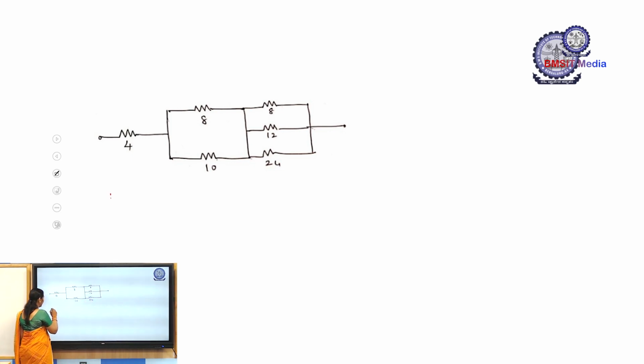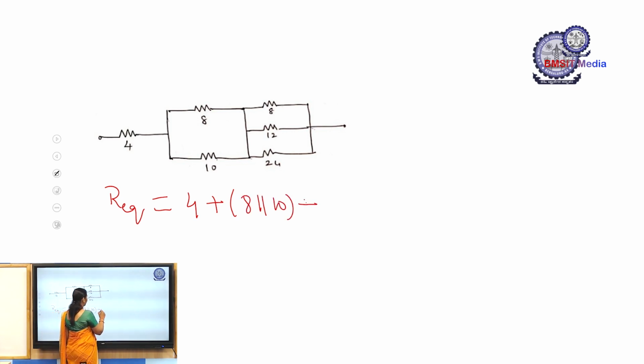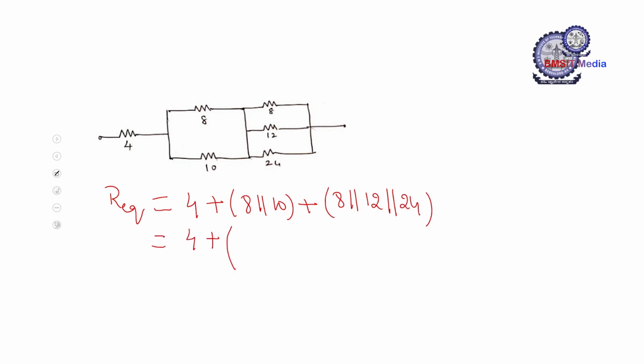So the equivalent resistor equals 4 plus 8 parallel to 10, plus 8 parallel to 12 parallel to 24.